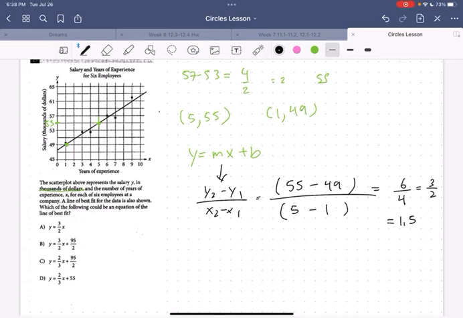For the b value, that is the y-intercept, right? The y-intercept is the point where x is equal to 0, or basically where it touches the y-axis. So let's look here. We have to make a rough estimate of where it touches the y-axis. You have 2 options here.